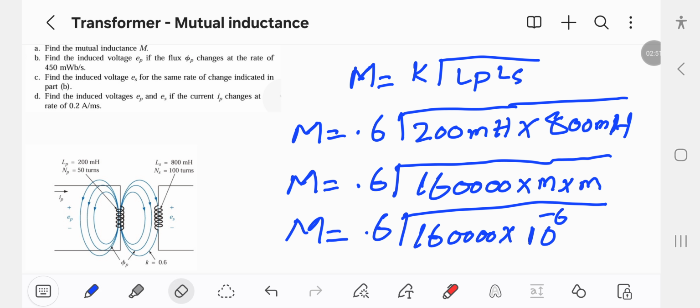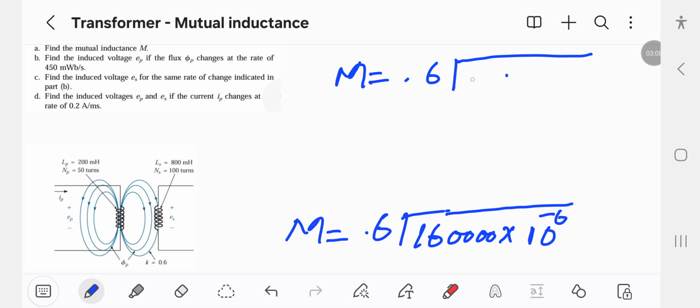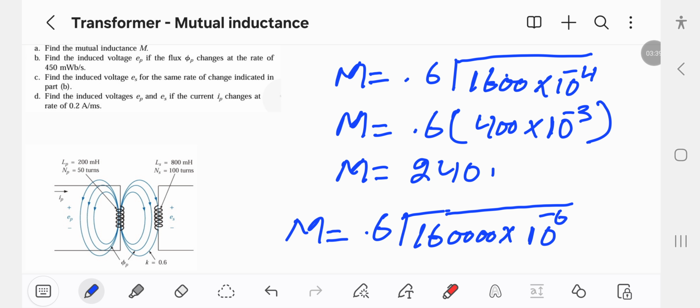Now if we solve this, our equation will look like this, so our final answer will be 240 millihenry.